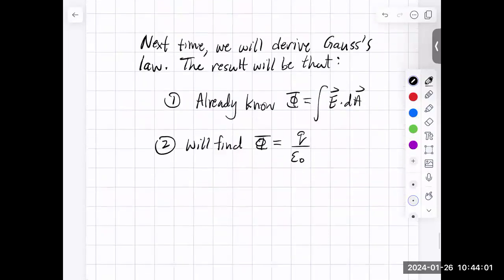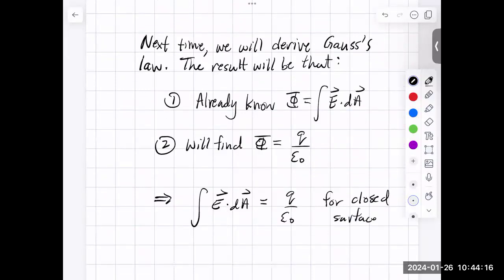And so that implies that the integral of E dot dA is going to be equal to Q over epsilon naught for closed surfaces.